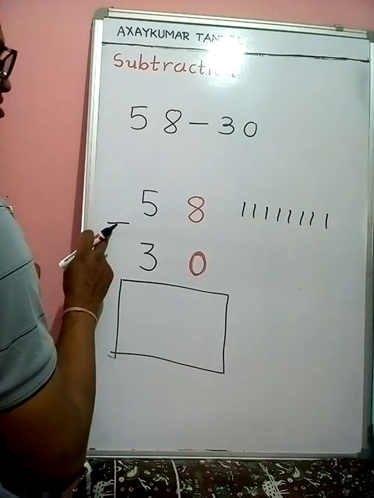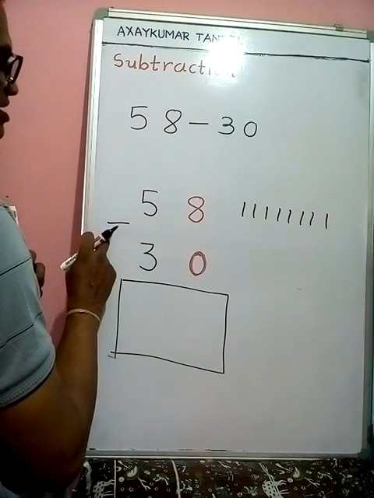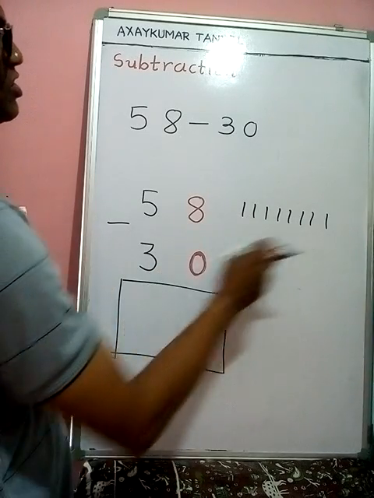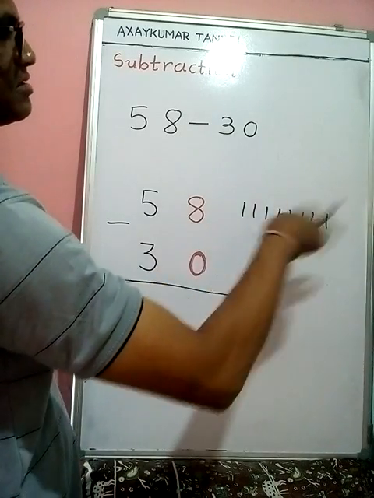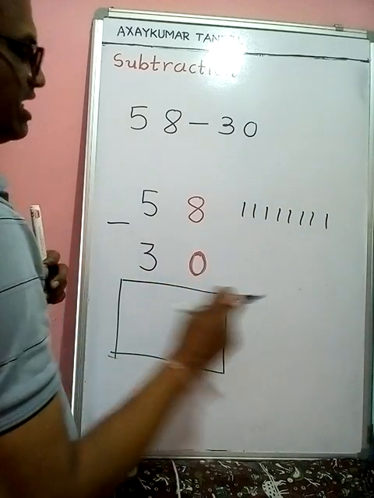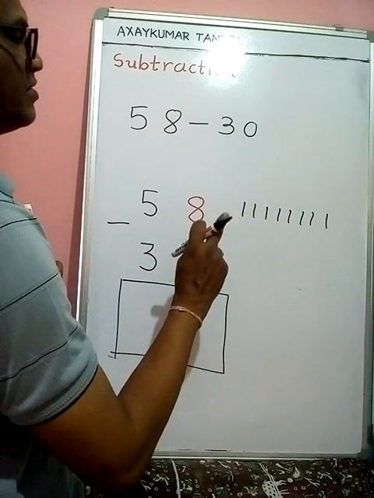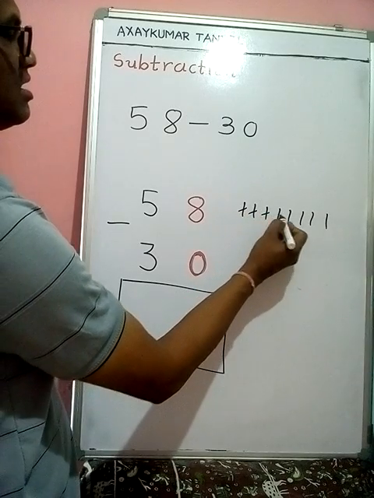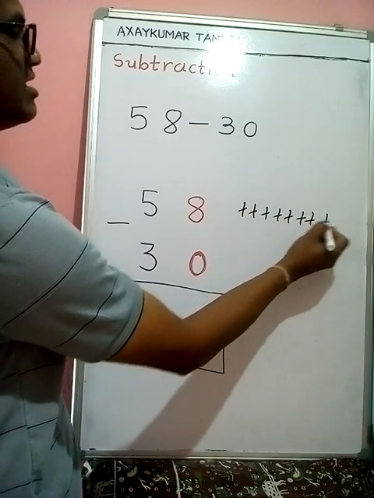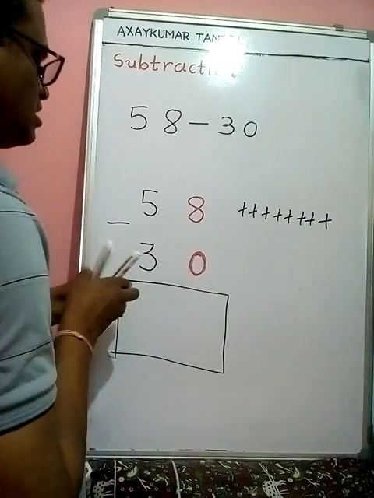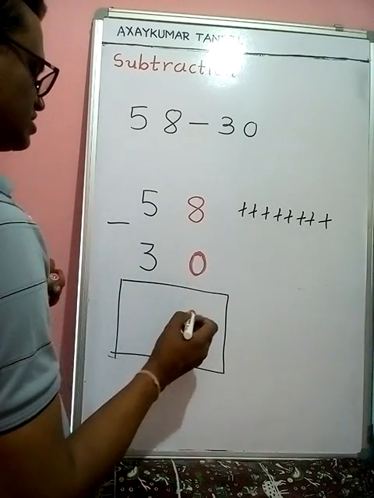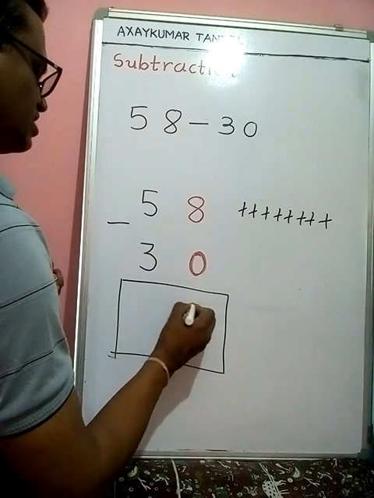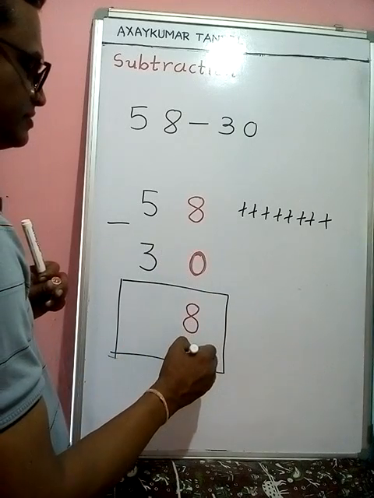Cutting, minus, subtract. How many cutting? 0. 0 means no cutting of any line. 0 means nothing. Therefore we have 1, 2, 3, 4, 5, 6, 7, 8. 8 minus 0 is equal to 8. Any number minus 0 is equal to that number.